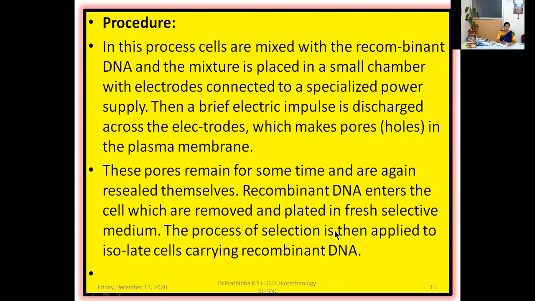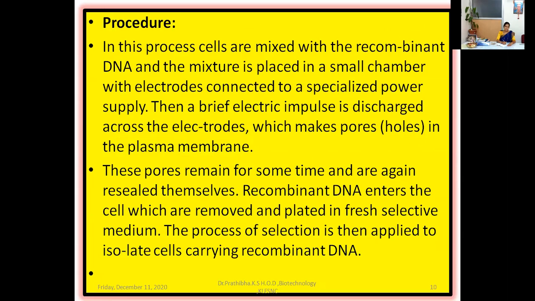Now let us go through the procedure, what has happened in the previous diagrammatic flow chart. In this process, cells are mixed with the recombinant DNA, and the mixture is placed in a small chamber with electrodes connected to a specialized power supply. Then a brief electric impulse is discharged across the electrodes, which makes pores or holes in the plasma membrane. That's why it's called electroporation.